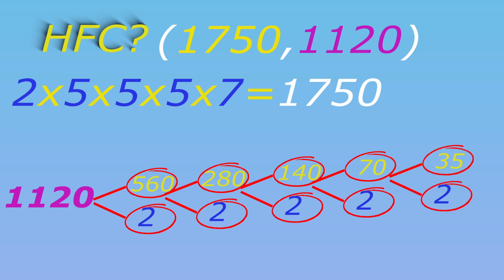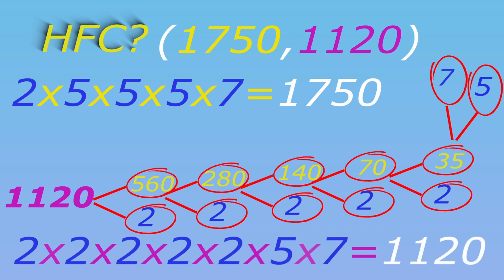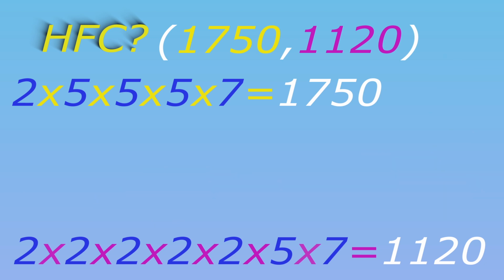Now neither 2 nor 3 go into 35, but 5 does. 35 equals 5 times 7. And now all we have to do is look at the primes that we encountered and multiply them all together. So we get 2 times 2 times 2 times 2 times 2 times 5 times 7 equals 1120.